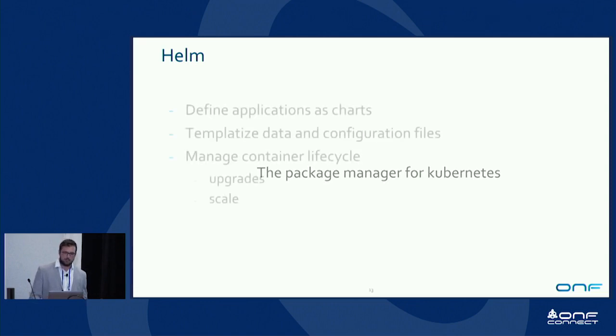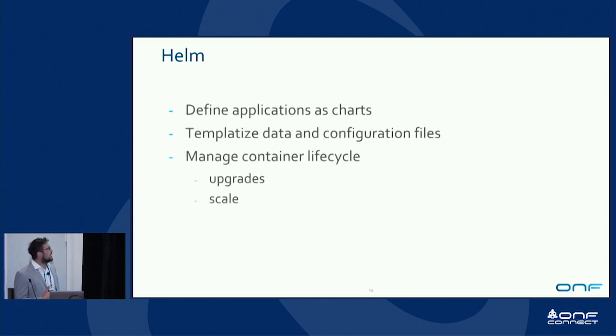So you need a way to package them. And Helm lets you do that easily. You can define these application templates. You can have variables in them, so you can configure them. And the coolest feature, I would say, is that it lets you easily manage upgrades and scale of these applications.